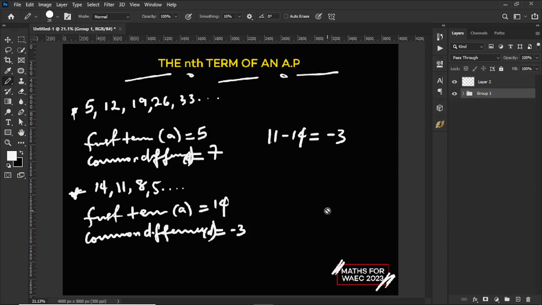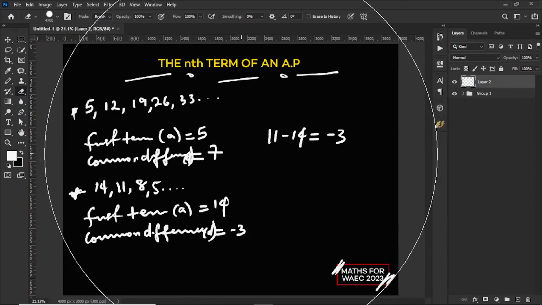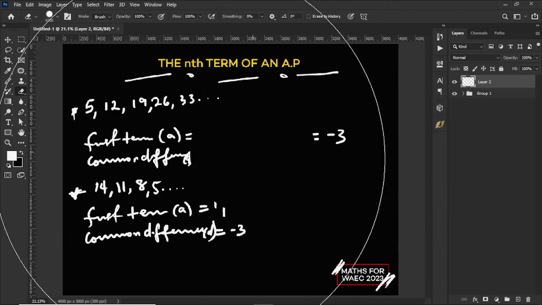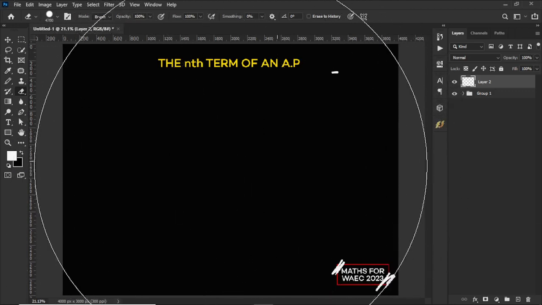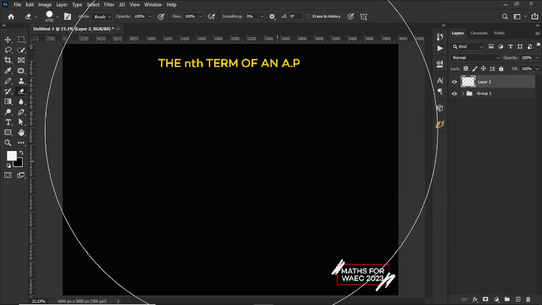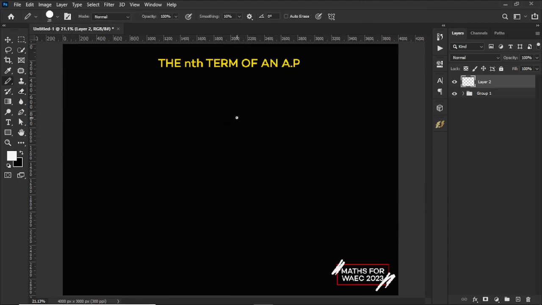So nth term of an AP now, we already understand what they call nth term, right?